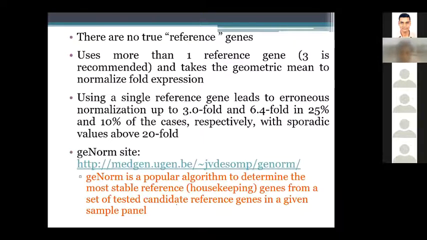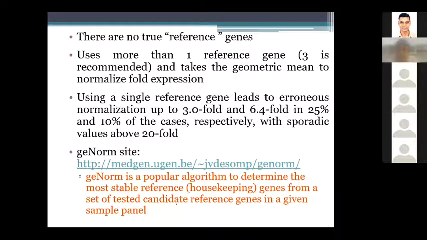Because we know that no true reference gene is available, a single reference gene we cannot recommend. We need at least 3 genes, and we take the geometric mean to normalize the fold expression. Always, because some reference genes also change with the treatment.